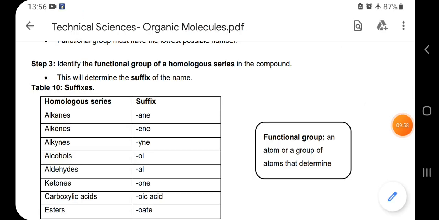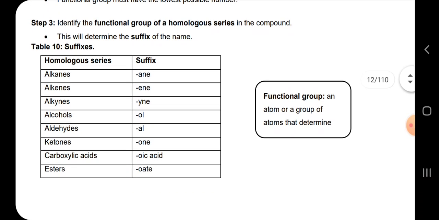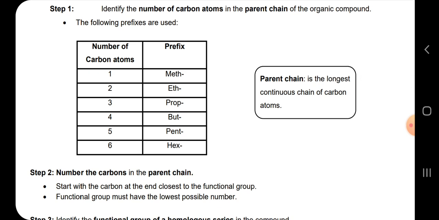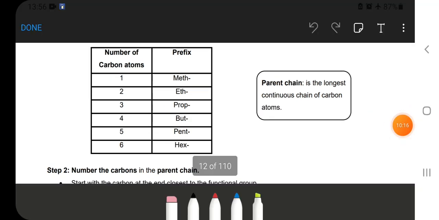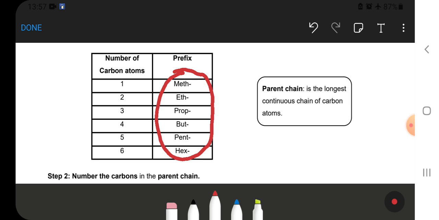And then this will determine the suffix of the name. The suffixes are the homologous series, and this is what the name will end with. So the name will end with what we have here, and the name will start with whatever is on this side, depending on the number of carbons that are present.